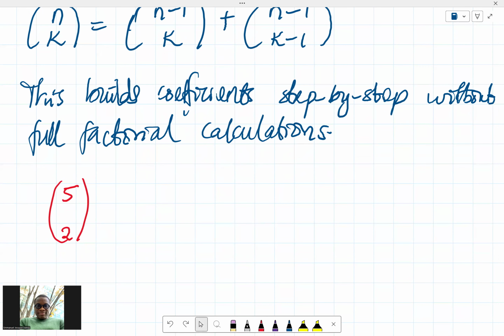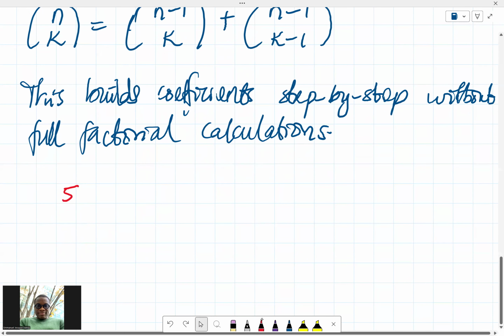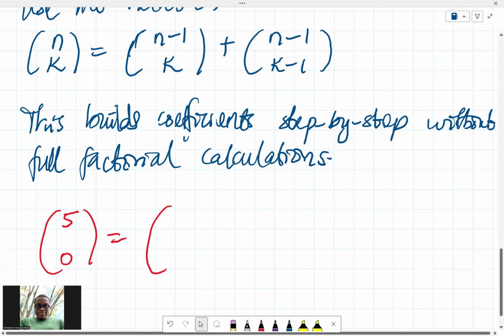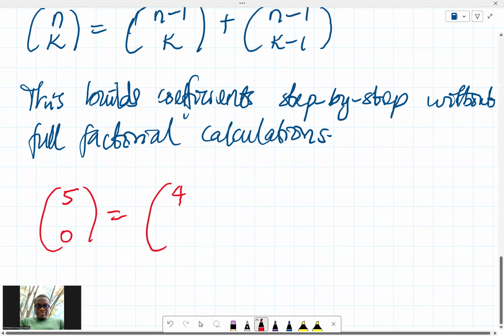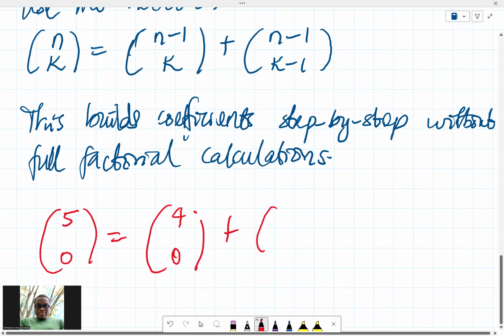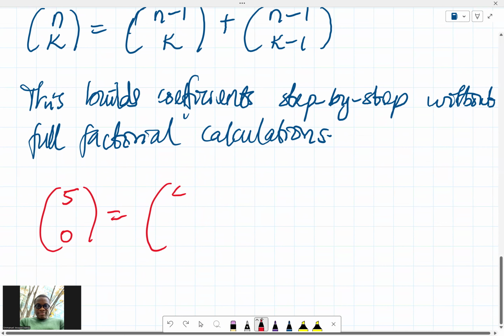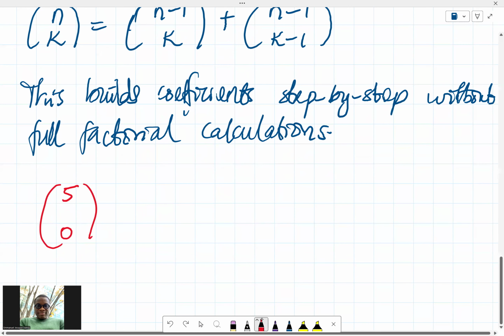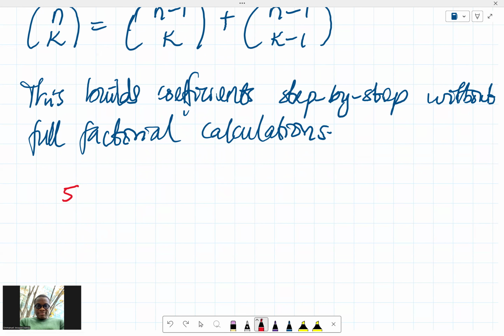Let me start with 5 combination 0. Imagine you have 5 combination 0. We can't go to 0 here, we can only start with 5. You already know that 5 combination 0 is 1. Anything combination 0 is 1 straight. So we can start with 1.